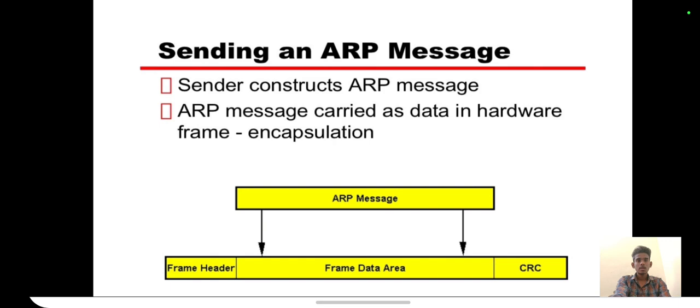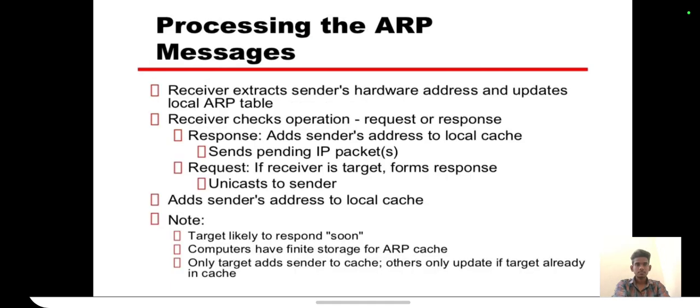Sending an ARP message. The sender constructs the ARP message. The ARP message is carried as data in the hardware frame encapsulation. The frame header, frame data area and CRC will be present. Processing the ARP messages: the receiver extracts the sender's hardware address and updates the local ARP table.